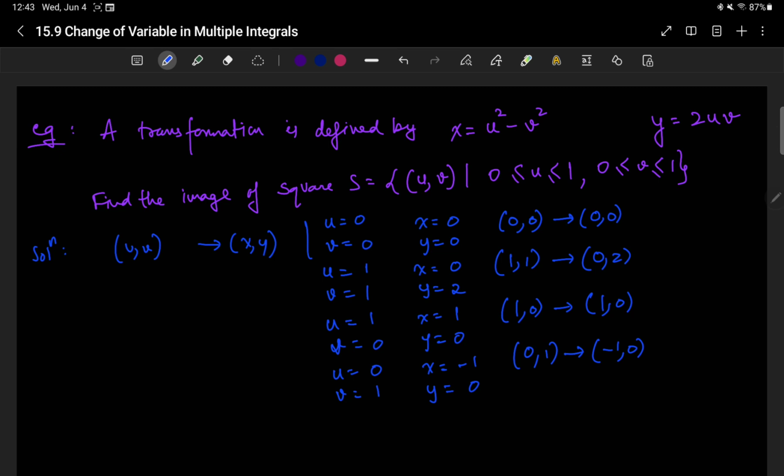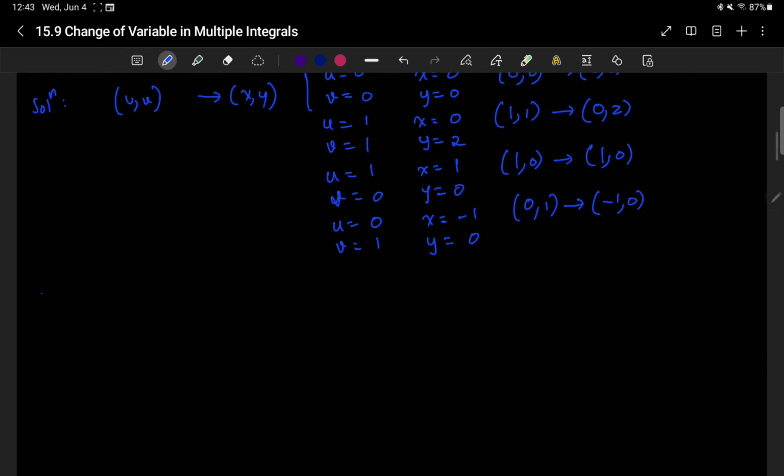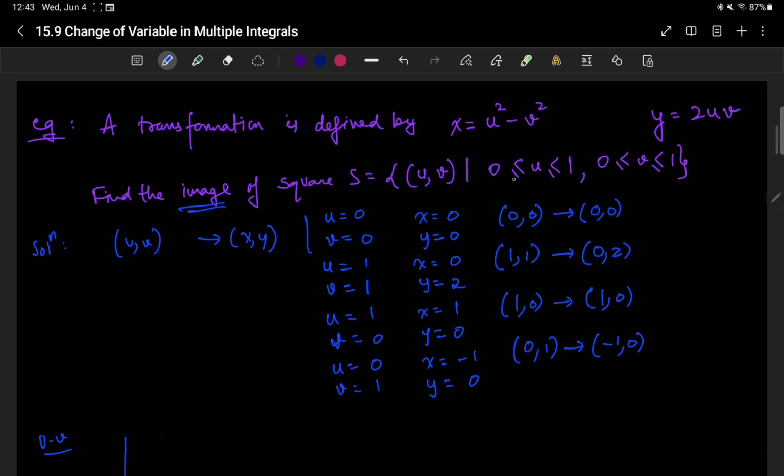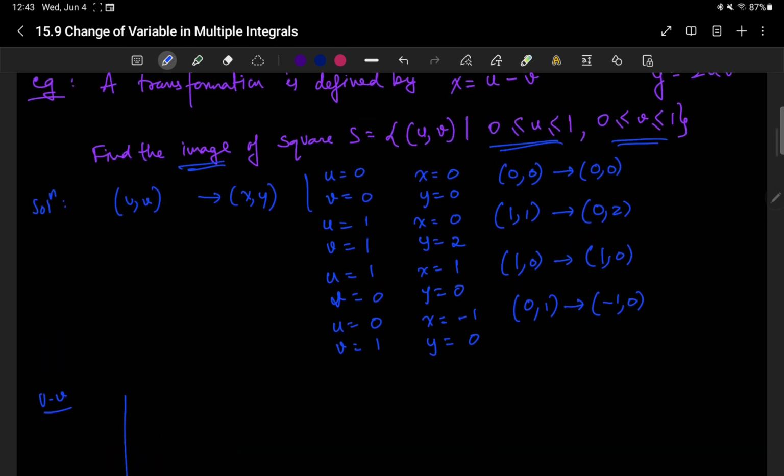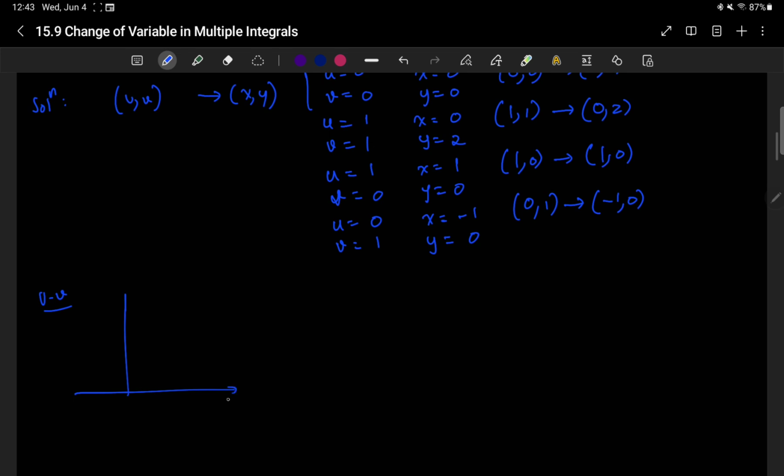Now, in this particular problem, it's not asking me to find all the points, which is not possible because there are infinitely many, but it's asking me to find the image of a square in the uv world. So in the uv world, I have a square defined by u between 0 and 1 and v between 0 and 1. So let's call this the u-axis and the v-axis.